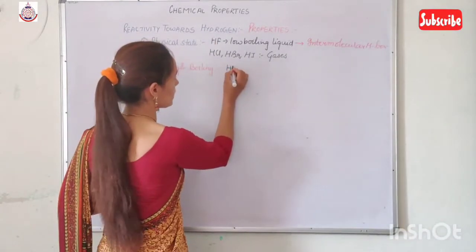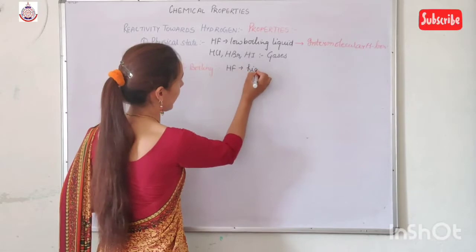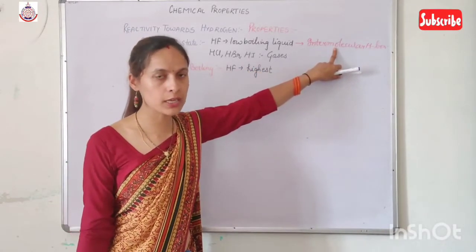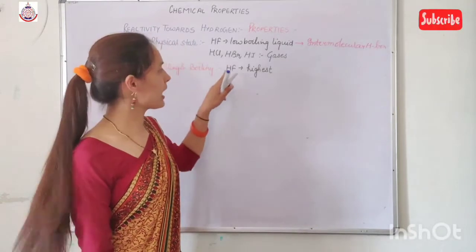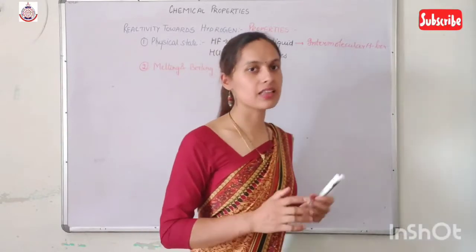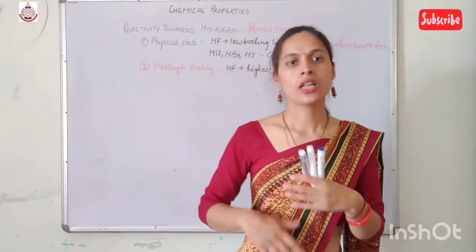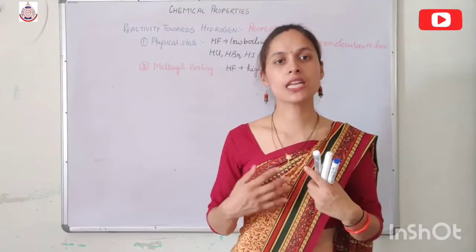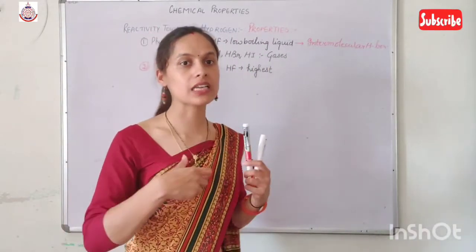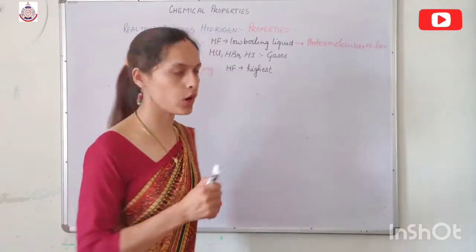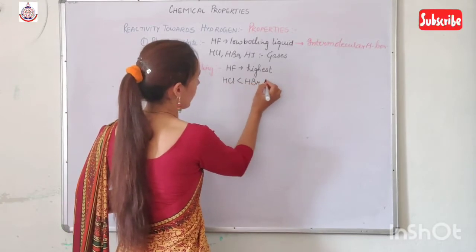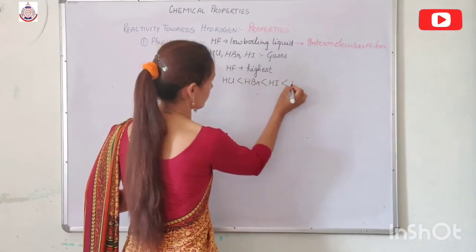But for HCl, HBr and HI, on moving down the group, due to the increase in van der Waals force of attraction, their melting point and boiling point increase. So if we arrange the different hydrogen halides in increasing order of melting point and boiling point, it is HCl, HBr, HI and HF.